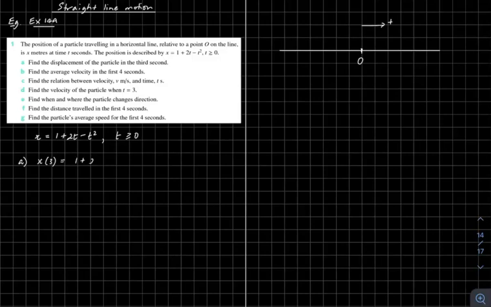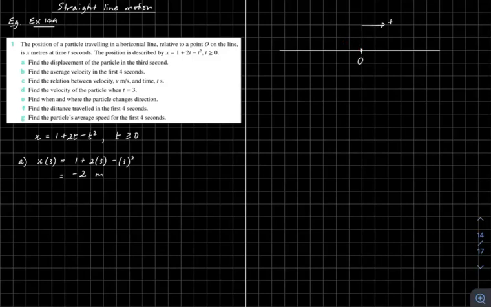So it's that 1 plus 2 times 3 minus 3 squared. That's 1 plus 6 is 7 minus 9, so that would be negative 2, and we know that x is in meters, so negative 2 meters. So we're clear on the fact that that just means 2 meters to the left of that reference point O.